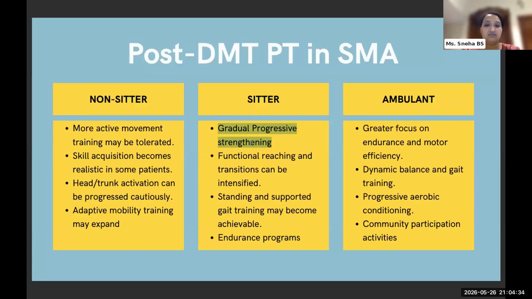So the child probably has a little more strength and endurance to do a little more than before. But that doesn't mean that we start overloading the muscle, right? Functional reaching, transitions, supported standing. Again, orthotic support is absolutely necessary for both non-sitters and sitters. For ambulant children, a little more aggressive approach is taken, where you are looking at dynamic balance and gait training, progressive aerobic conditioning.